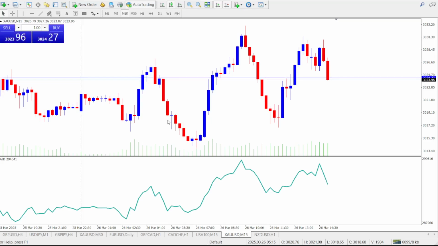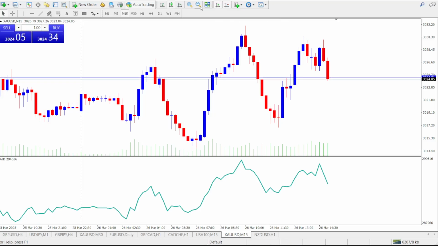When the price closes closer to its high for the period, it signals accumulation. And when it closes closer to its low, it signals distribution.